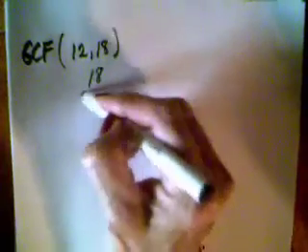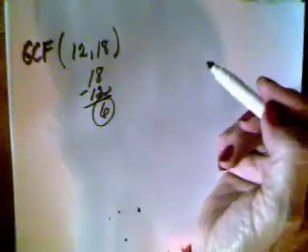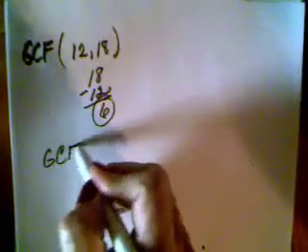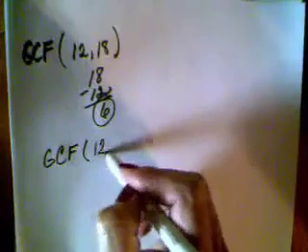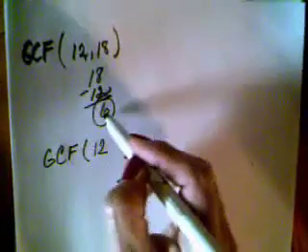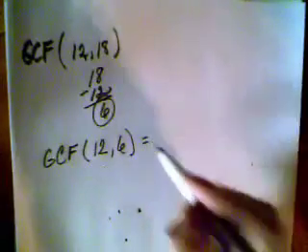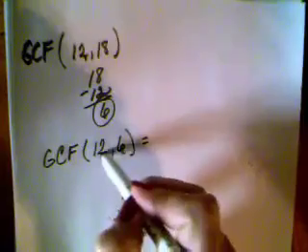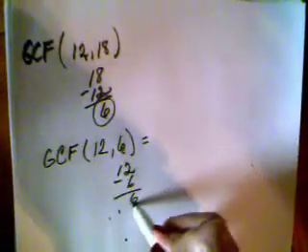If I subtract 12 from 18, I get 6. So I now want to take the smallest, 12, and the difference, 6, and I'll subtract 6 from 12.